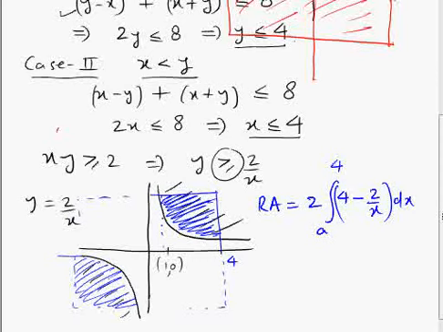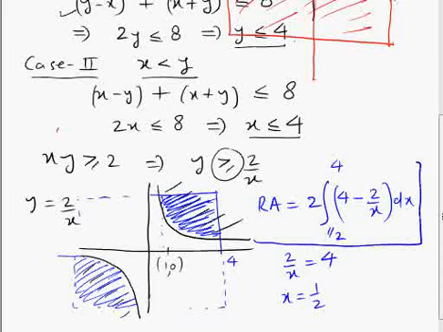And this point of intersection A we can obtain by solving the 2 by x curve with y equal to 4. So it becomes x equals half. You can calculate this integral and you'll get the area bounded by the two curves. This is something which you can do yourself. I hope you could understand this sketching.